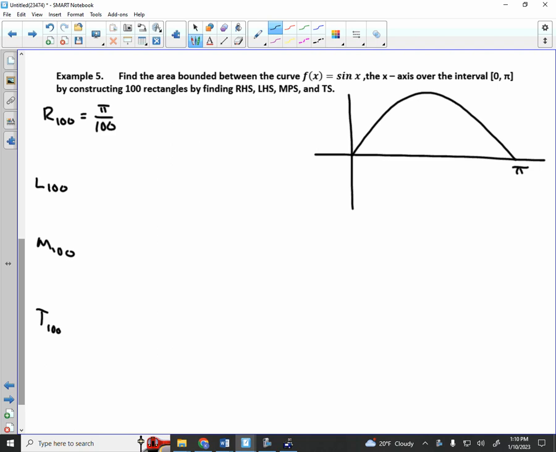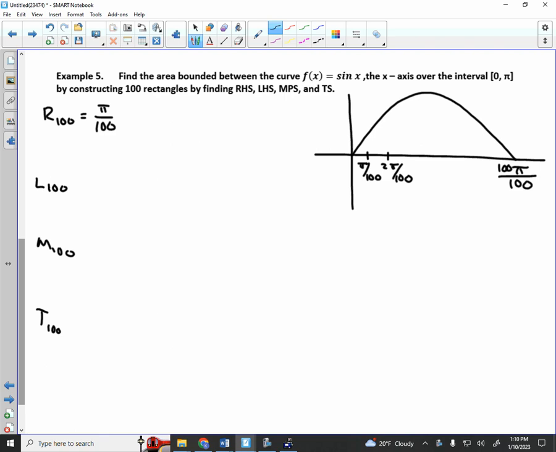So what is the first spot at which I would evaluate the height? Pi over 100. And then the second spot would be 2 pi over 100. Okay? Now, we would continue on with 3 pi, 4 pi, 5 pi, right? Pi is the same as 100 pi over 100.